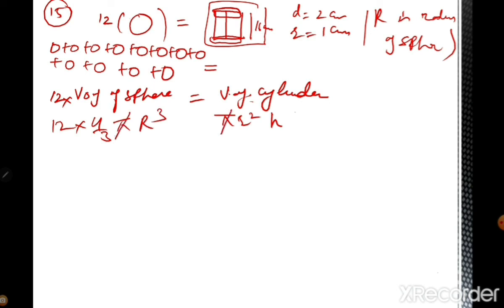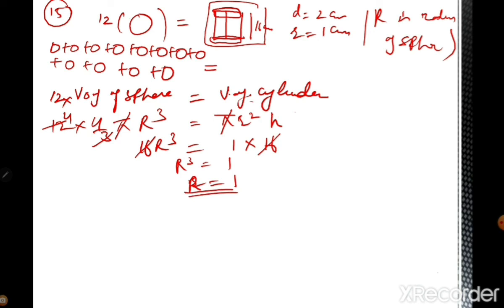Pi cancels. 3 4s are 12. 4 4s are 16. r square is 1, 1 square is 1, into height. Height is 16 centimeter. So both are 16, 16 cancel. So R cube is 1. So R will be 1. Capital R is the radius of the sphere. If the radius is 1, then what? We have to find the diameter of the sphere. So diameter of sphere is what?